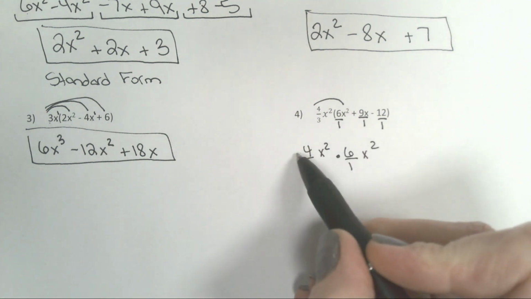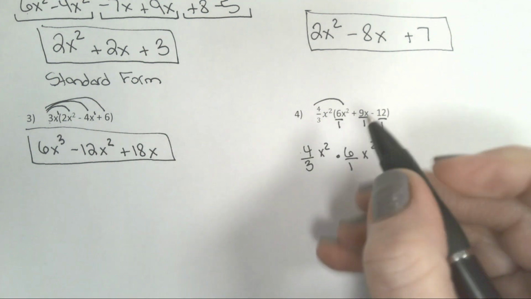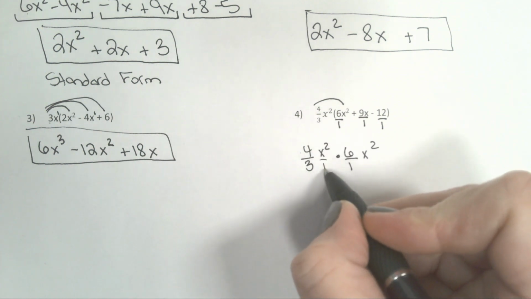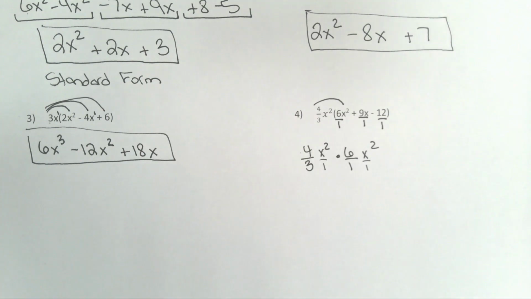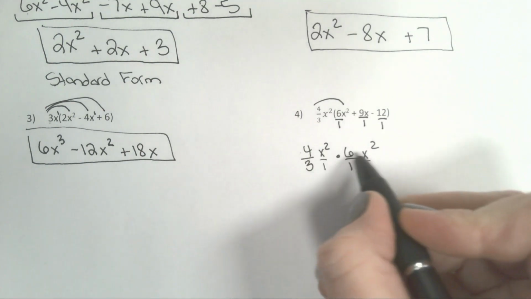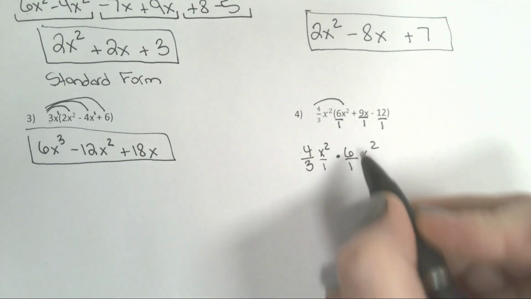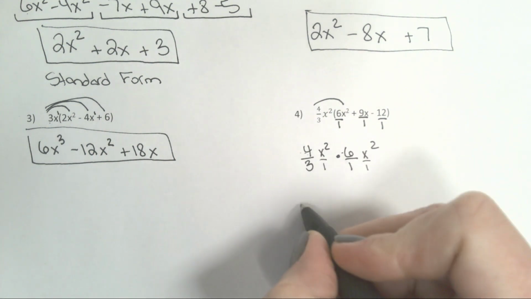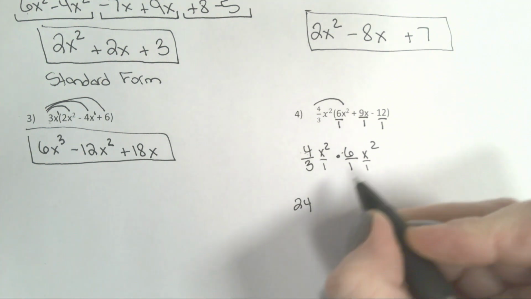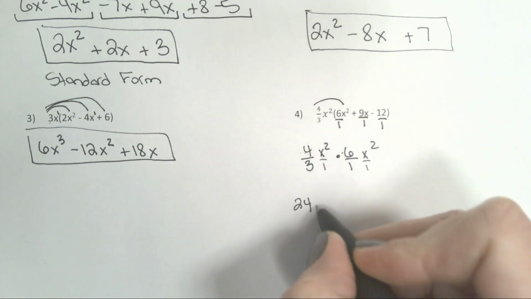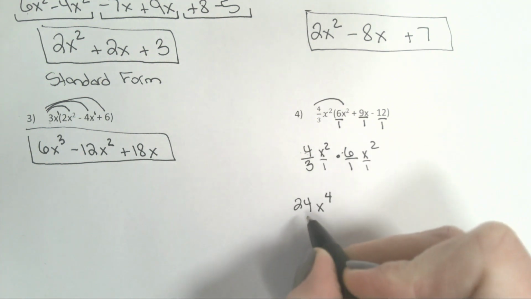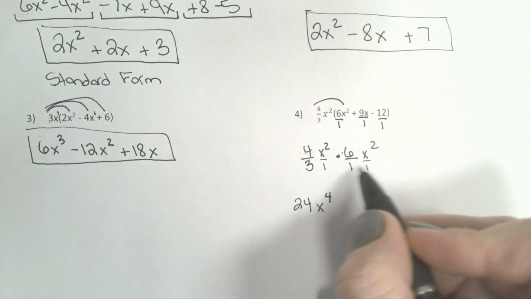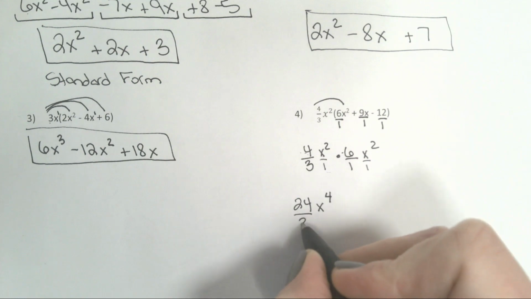So we're going to multiply our numbers straight across, and then those x squareds, they're just implied to be in the numerator as well. So I'm really just multiplying the entire numerator together. I'm going to multiply the coefficients first, so 6 times 4 is 24. And then x squared times x squared, add them and you get x to the fourth. And then when you multiply all the denominators together, 3 times 1 is just 3.